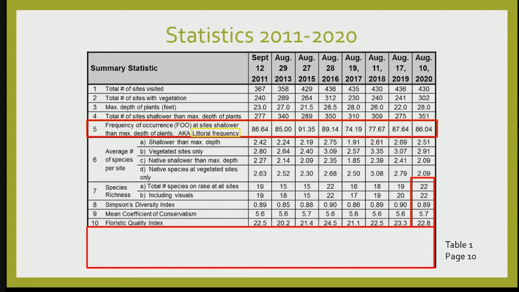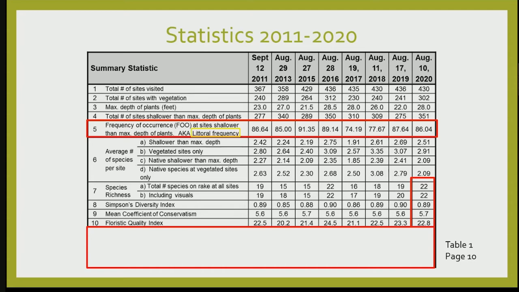So getting back to the numbers, I have highlighted row 5 here in red. I'm just going to tell you a little bit about what these numbers mean because I'm going to be referring to this type of number throughout the presentation. Row number 5 tells us the percentage of sites where plants were actually found in comparison to the sites where they could be found.